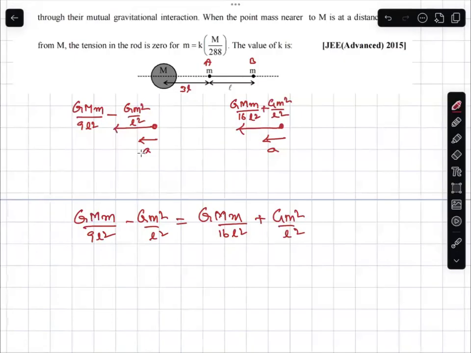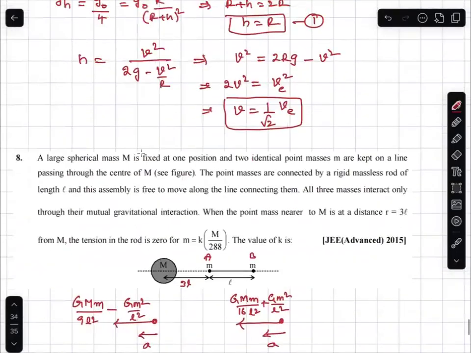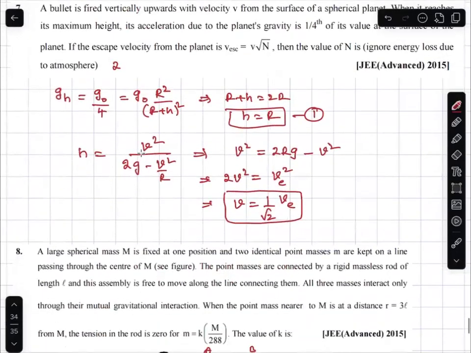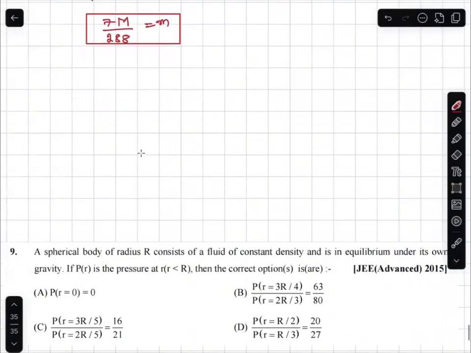By solving which you will get the condition as capital M by 288 becomes small m, 7m. They are asking what is this K? That answer is 7. Any doubt? Right. 2015, you see two questions were given from gravitation. Next.